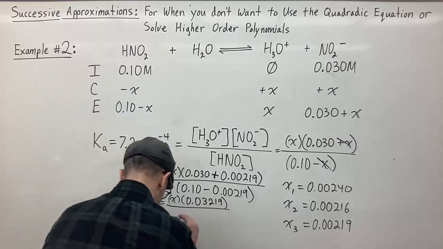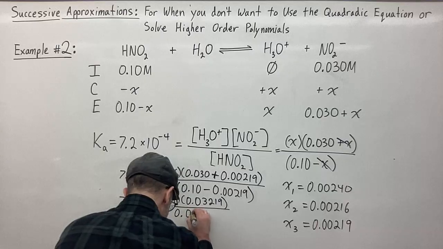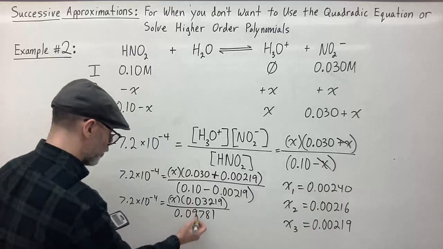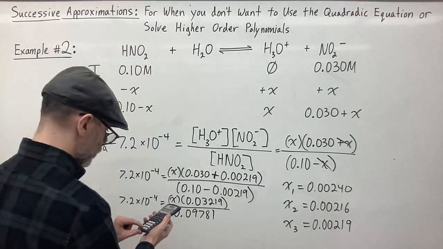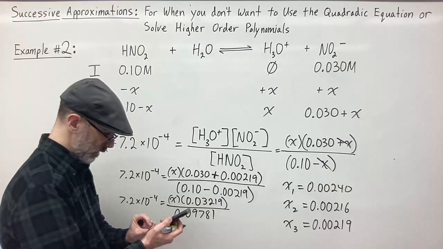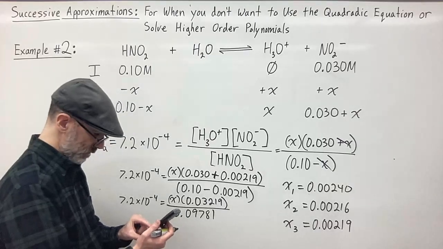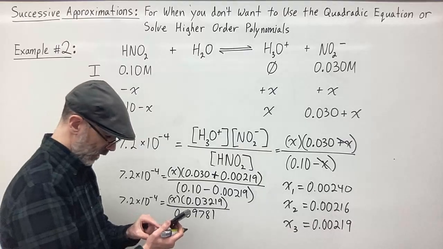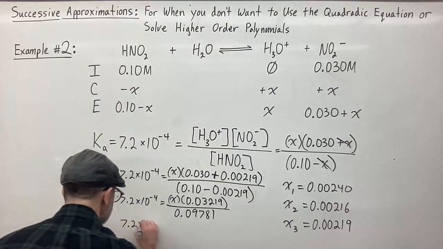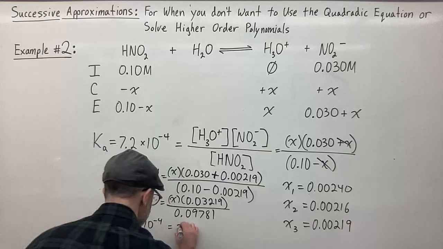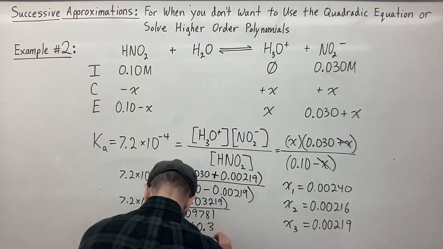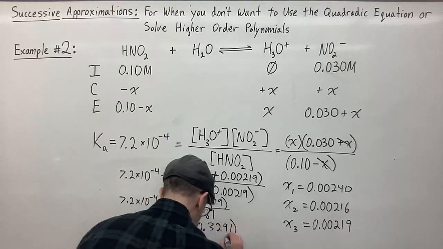and we get 0.09781, and now we divide those two, and so we're going to take 0.03219 divided by 0.09781 equals, and now we have 7.2 times 10 to the negative 4 is equal to x times 0.3291.